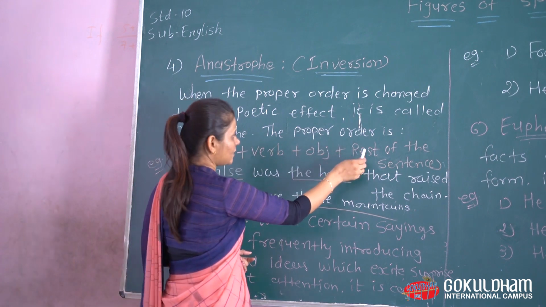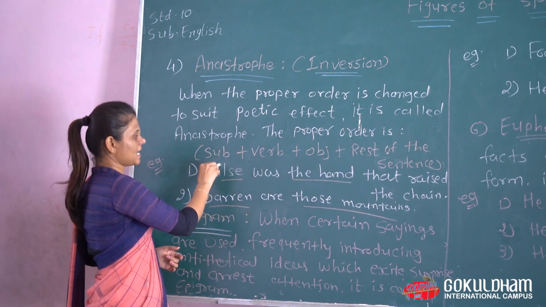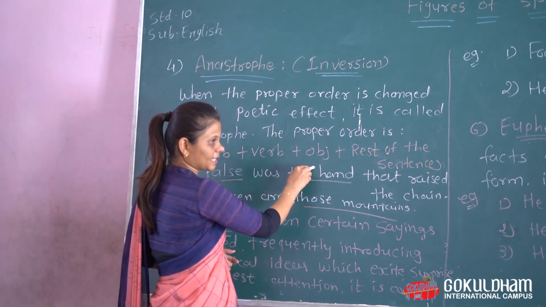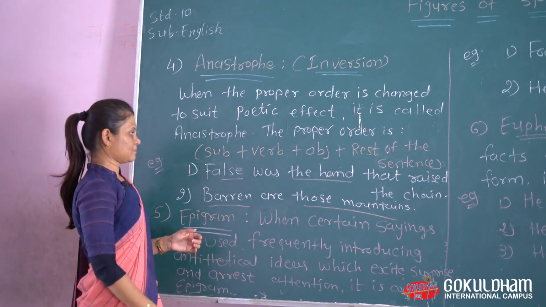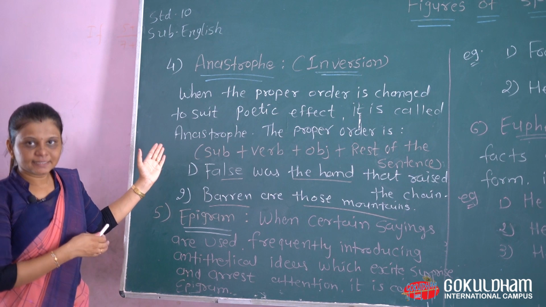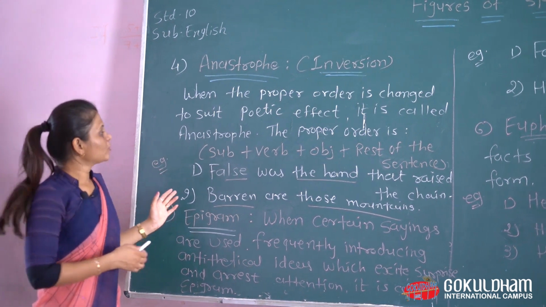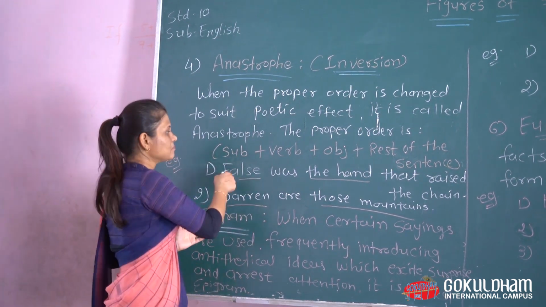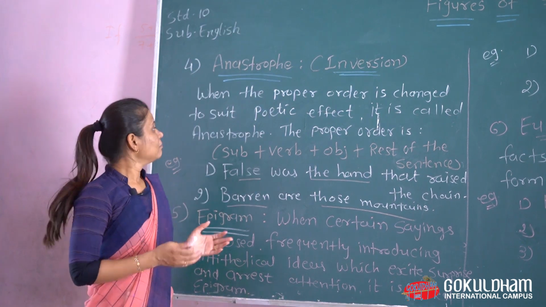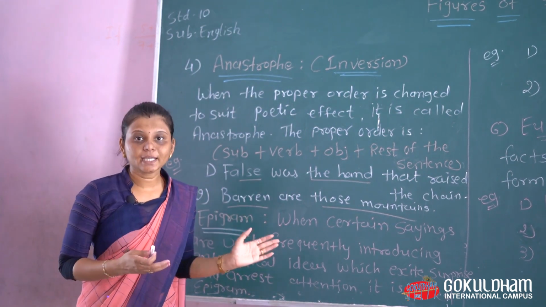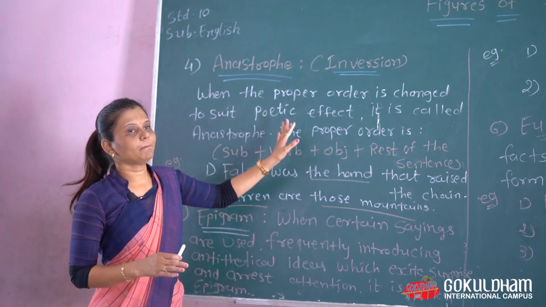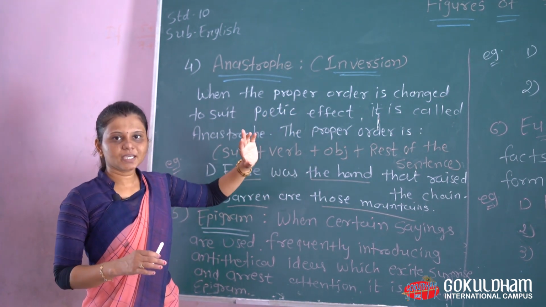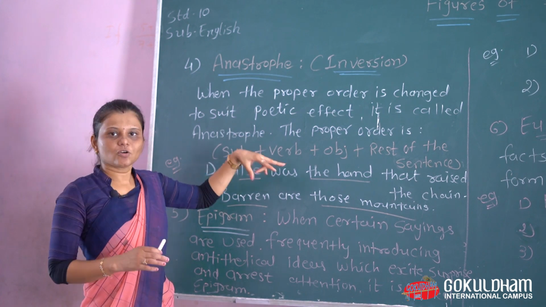The proper order is subject plus verb plus object plus the rest of the sentence. But to show some poetic effect, the poet does not follow the proper order. They can make it in a different order also.